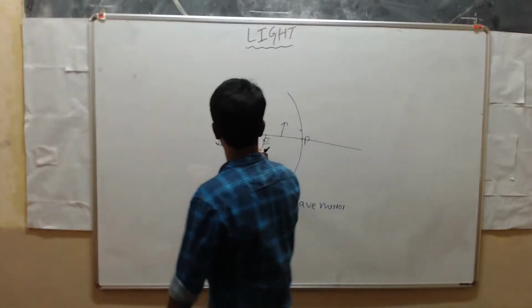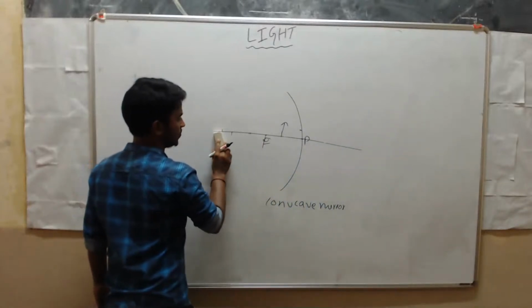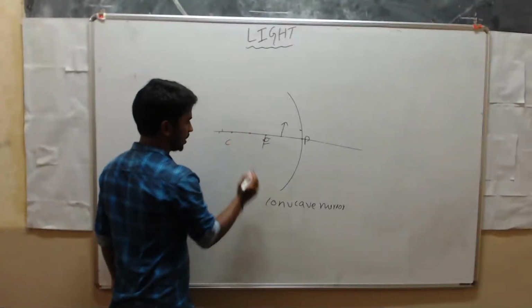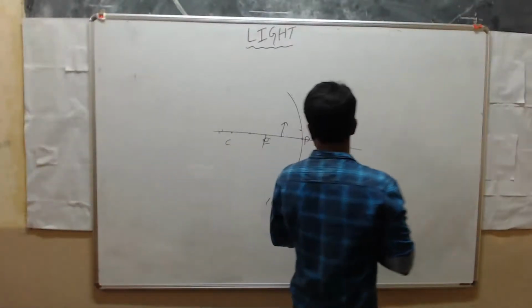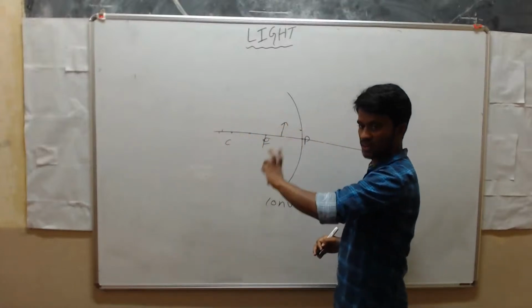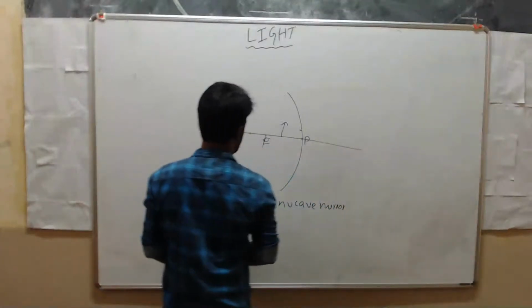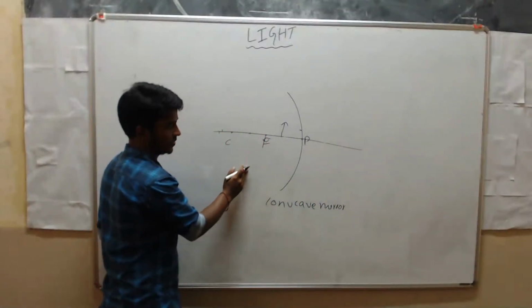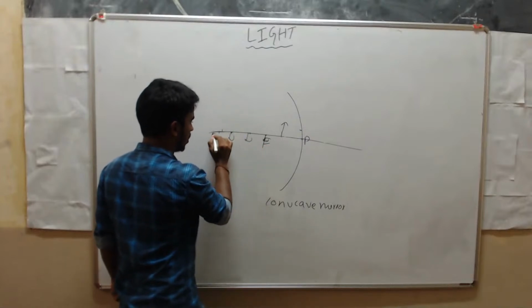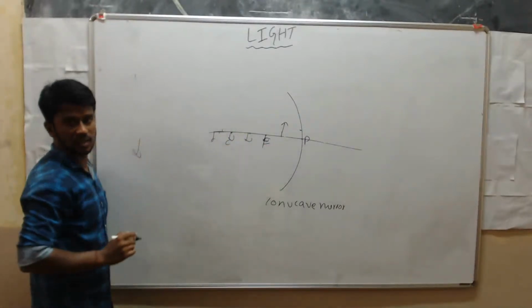Suppose the image is real. Then we will get the image below the principal axis, that is at F, or between C and F, or at C, or behind C, or at infinity.